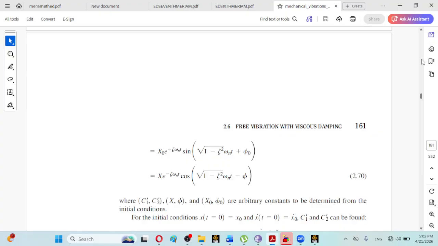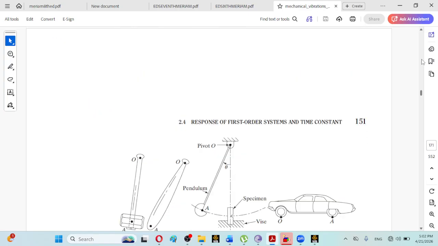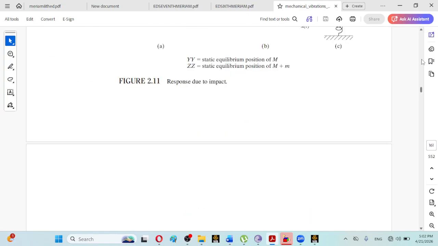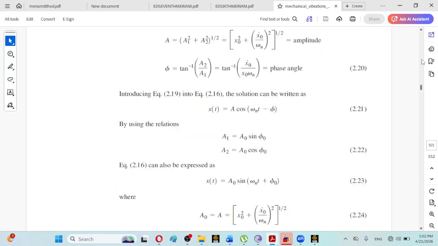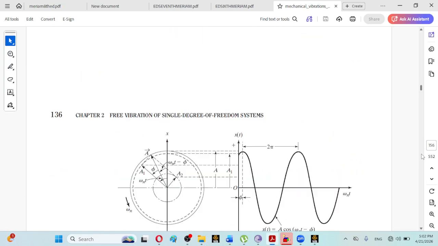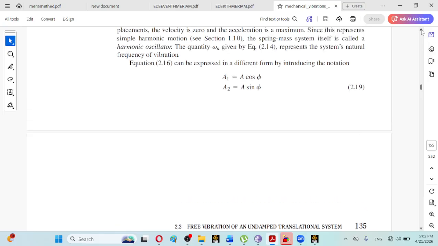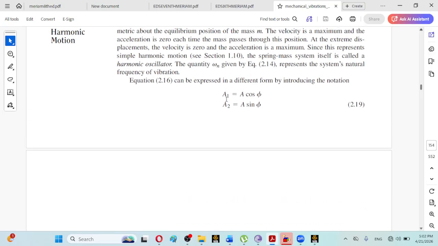Here you can remember, but I can show you. As you can observe here, we had used this equation 2.19, and the same methodology is used for the damped case, as we had assumed.